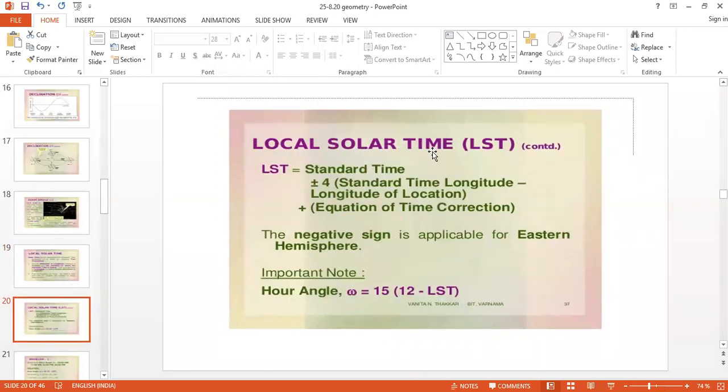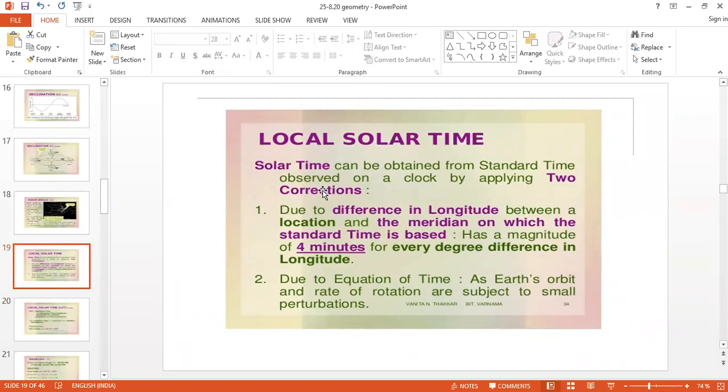And local solar time, that is LST, equals standard time plus or minus 4 into (standard time longitude minus longitude of location) plus equation of time correction. Here, we already told about the difference in longitude between a location and the meridian on which the standard time is based, and the magnitude of 4 minutes for every degree difference.